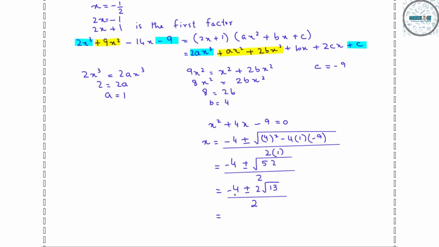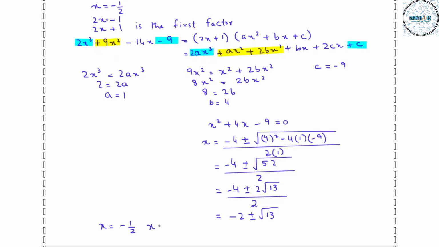Now we can divide this minus 4 by 2. We will get minus 2. We will divide this 2 under root 13 by 2. We will get under root 13. So we have three values of x. One is minus 1 upon 2.